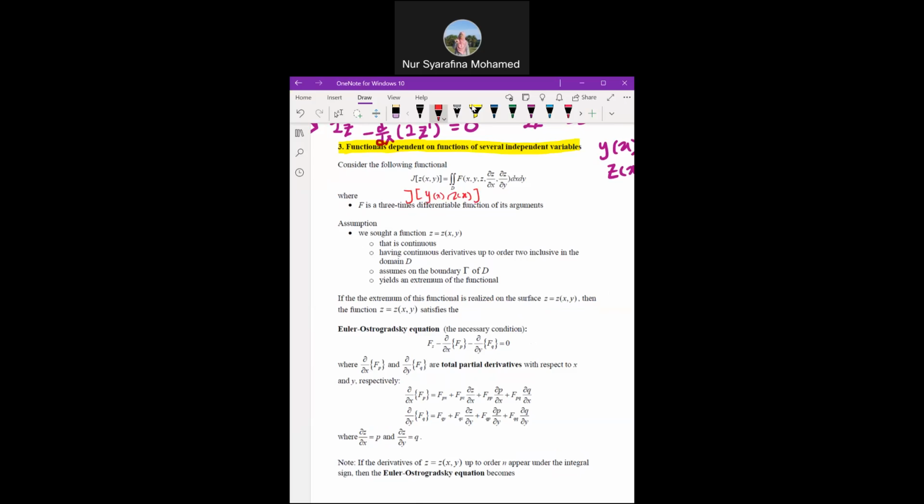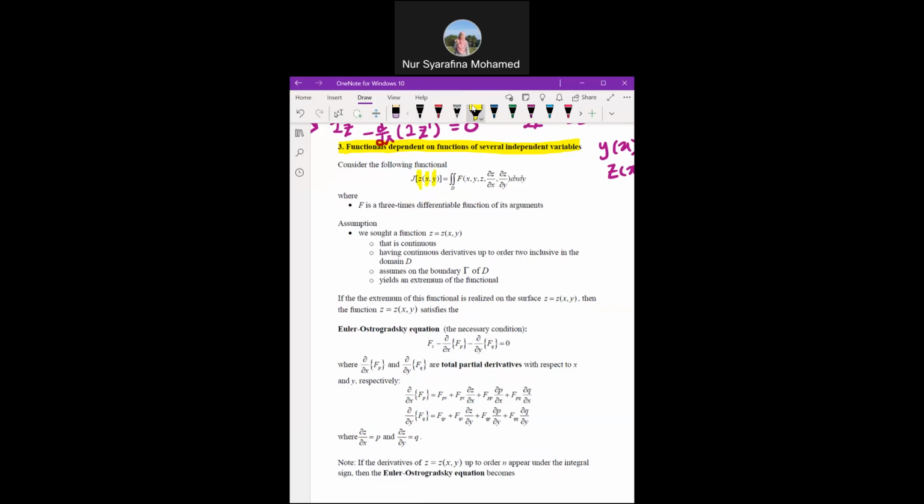But now we have one function, but with several independent variables. So here we have only one function z, but z involves the independent variables x and y. So how can we find the extremal of this type of functional?